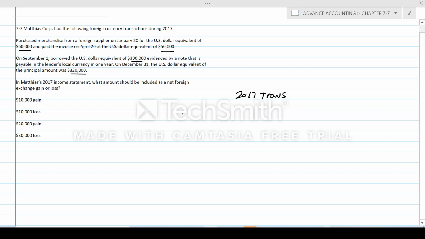All 2017 transactions. So as of January 20th, 17, we have accounts payable of $60,000.